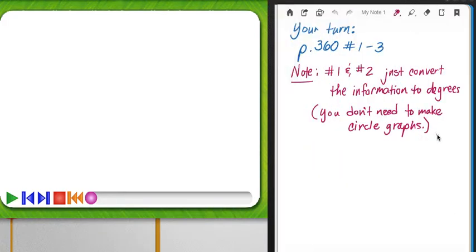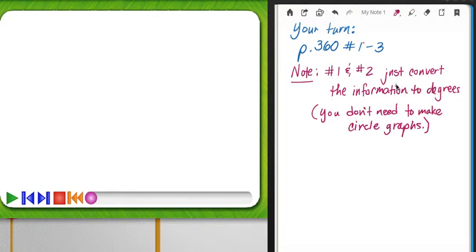All right, now in your notes, I want you to continue and practice what we were just discussing. So on page 360, I want you to do numbers 1, 2, and 3. And just as a note, 1 and 2 ask you to make a circle graph. I just want you to convert the information. You can draw a little table. In number 1 it has percents, change them to degrees.